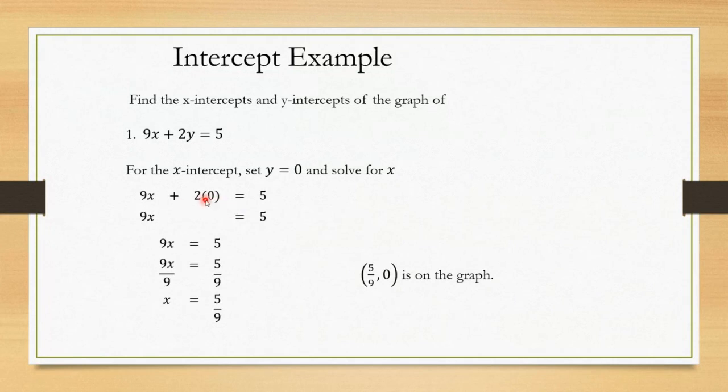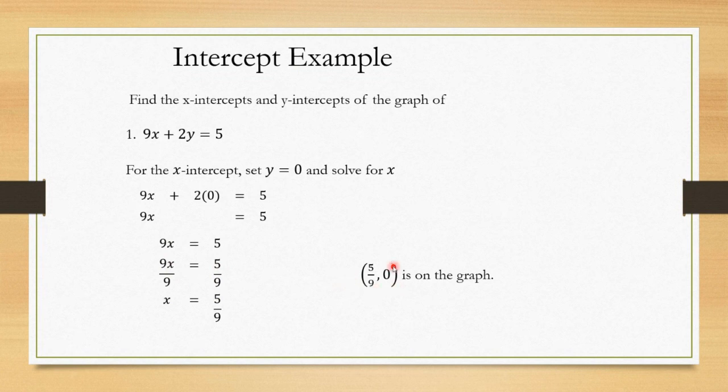After setting y to be 0, we get the equation 9x equals 5. Excuse me, we don't get the point, we get that equation. We just solve for x. You want x all alone. We have 9x, so we divide by 9, and we get x is 5 over 9.